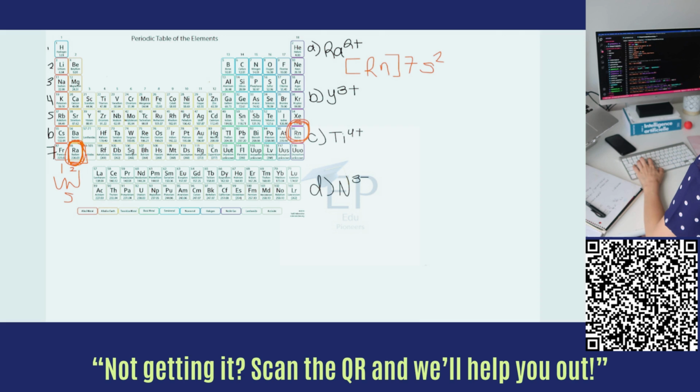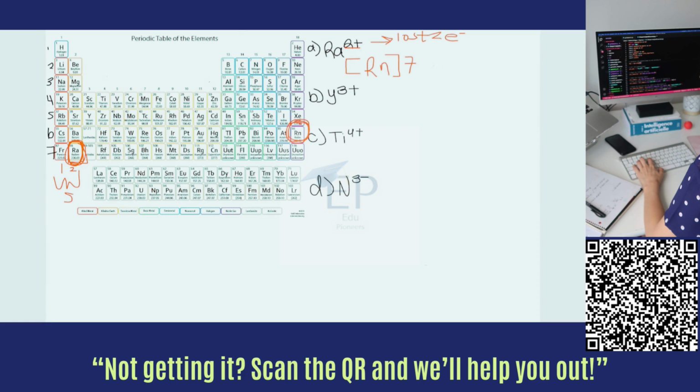So now that we have the complete electron configuration for our neutral atom, let's turn it into the electron configuration for the ion. So as we can see, we have a positive 2 charge, which means that we lost 2 electrons. So if we remove 2 electrons from this electron configuration, we can take them out from the s orbital, because that's the farthest from an octet.